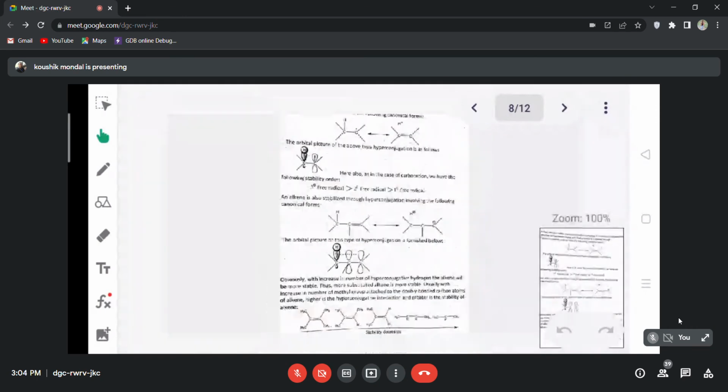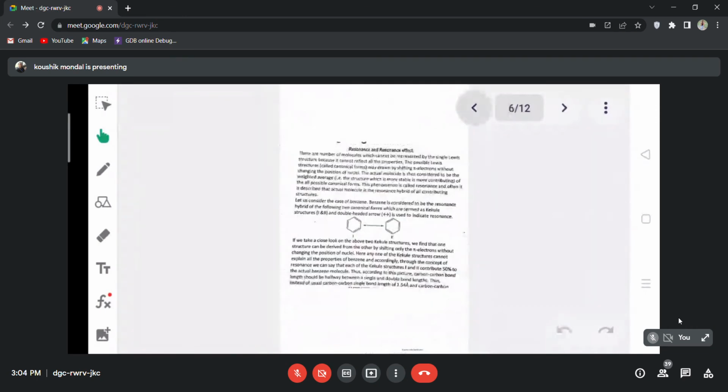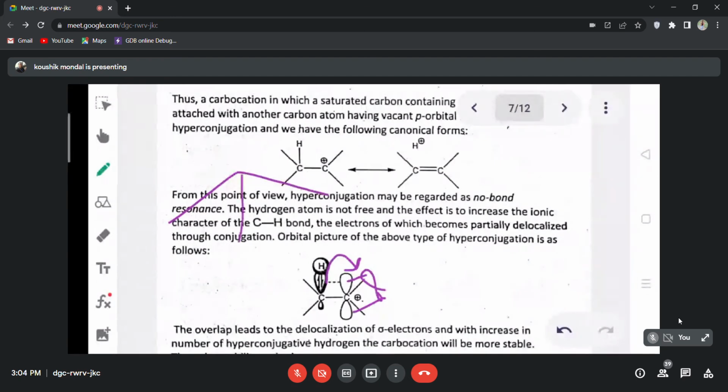I'm just writing here. Say this is a carbocation, and this is also a carbocation.